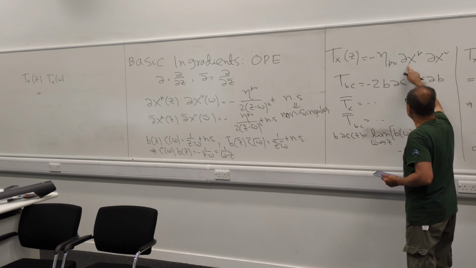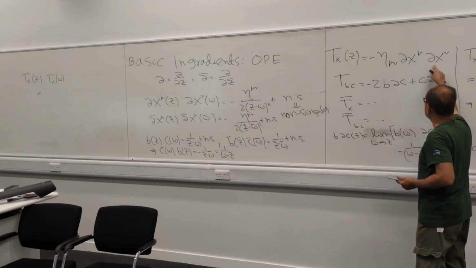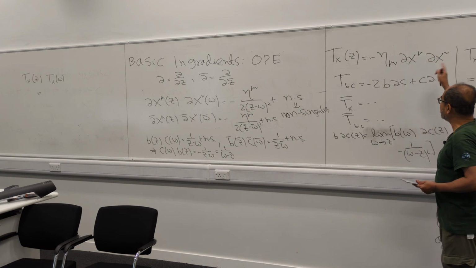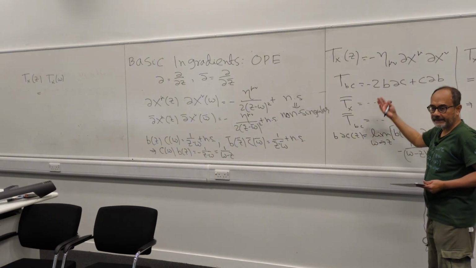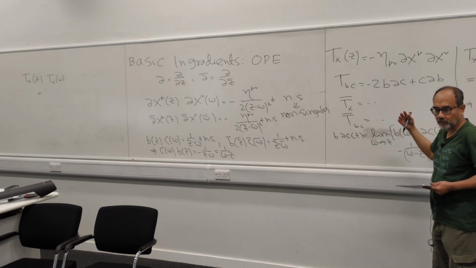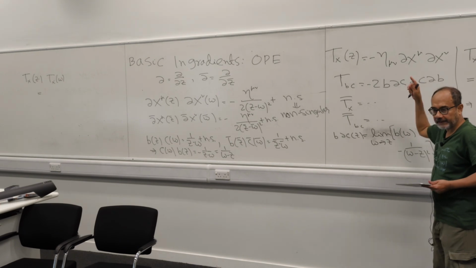One where this can contract to the first element of the second T, and the second one contracts to the first one, and vice versa. Each of them gives you a minus 1 over 2(z minus w) squared. So you square it, 1 over 4(z minus w) squared, and you multiply by 2 because there are two possible contractions.